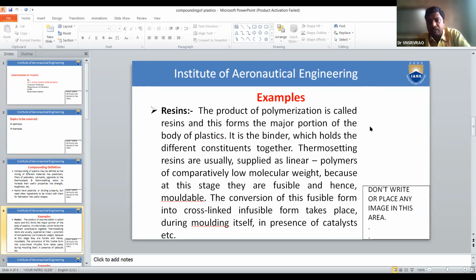These resins can hold the plastics because of their binding capacity. The process of making resins takes place in the presence of a catalyst. Why? Because a catalyst is a substance which improves the rate of the reaction without being involved in the product formation. So that is about the resins.